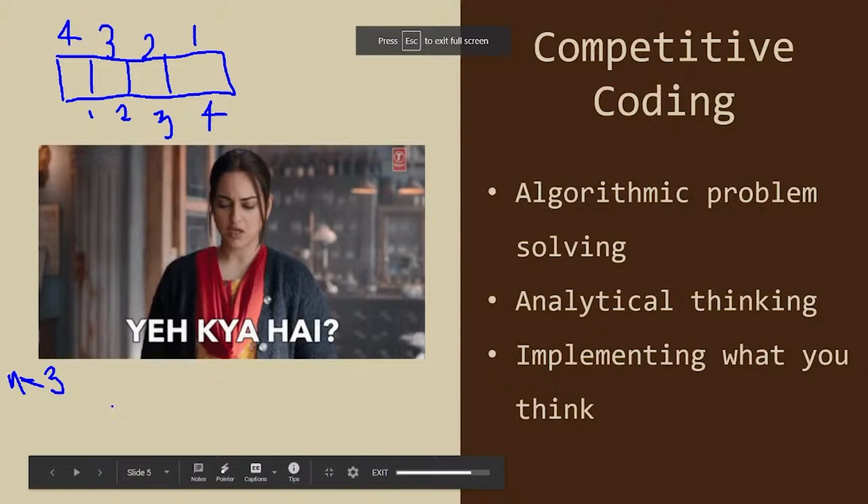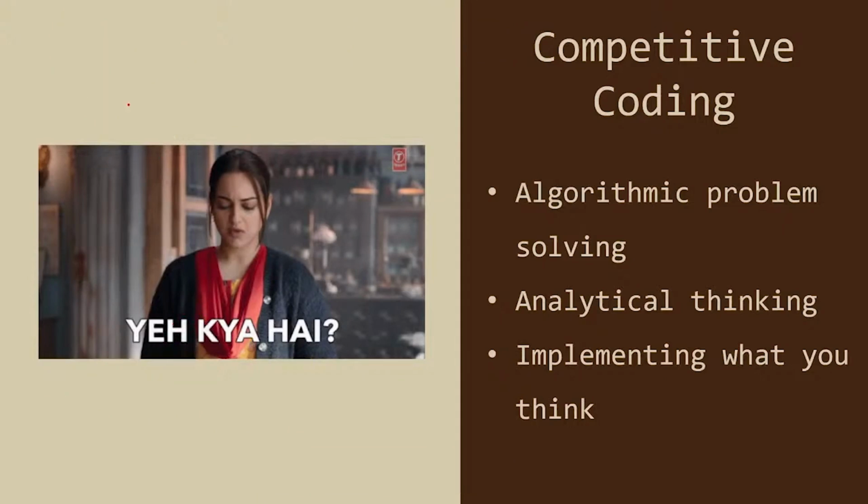So in that case, if you print the array in the reverse order, say suppose 3, 2, 1, you see this doesn't satisfy our condition because the middle element is equal to the index itself. Okay, so the best solution would be to just shift the array by one element.